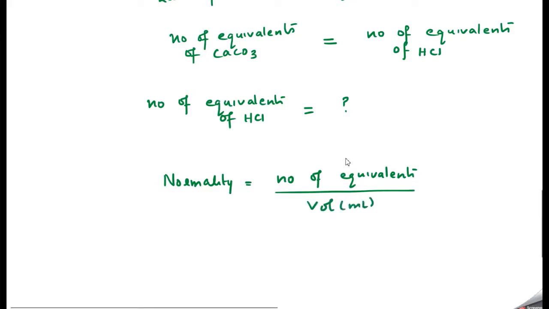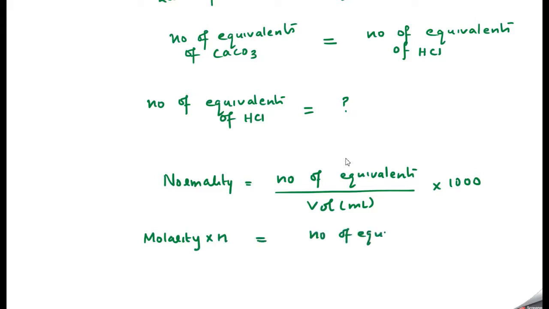If it is in ml, multiply by 1000. Now how are normality and molarity linked? Normality is equal to molarity into n factor, correct? So normality is equal to molarity into n factor.